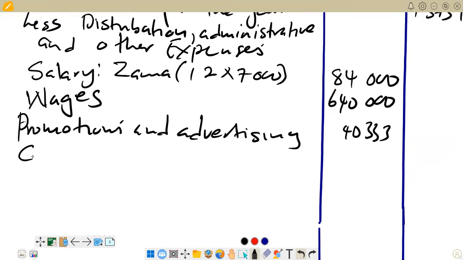We are now on cell phone expenses, and the figure that we have is 7,947.